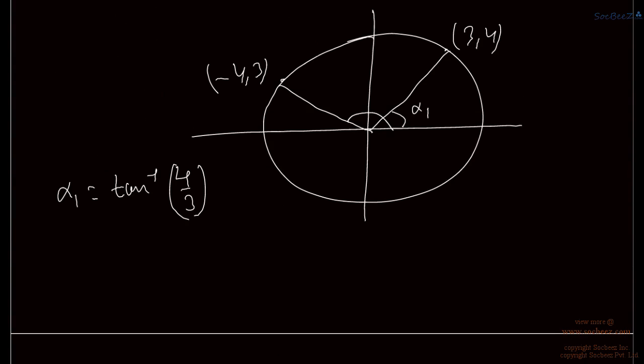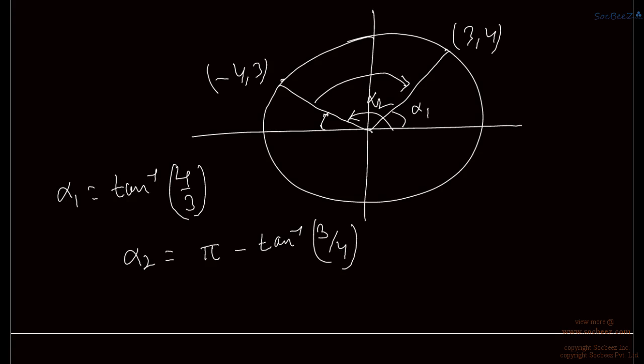And say this is angle alpha 2. Alpha 2 is written as 180 degrees minus this smaller angle, so pi minus tan inverse 3 by 4.